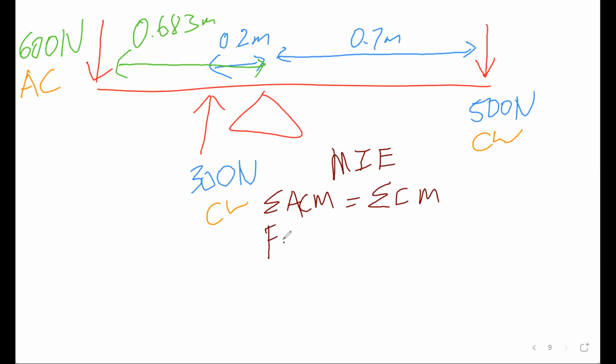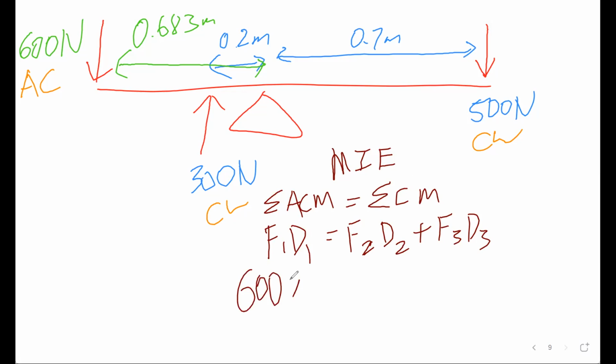One more, so F1d1 is going to be equal to your F2d2 plus F3d3 here. That being said, you can substitute the numbers in: 600 multiplied by your x, I don't know how much it is, right, is equal to 300 multiplied by 0.2 plus 500 multiplied by 0.7.